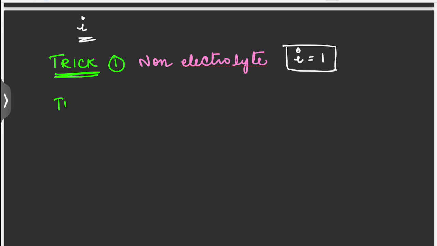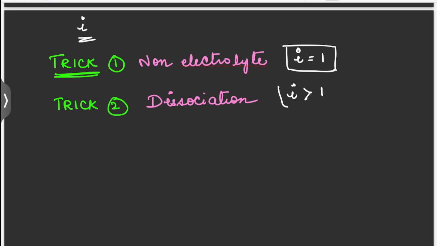Trick number 2 is, if the solute undergoes dissociation, then the value of i will be greater than 1.